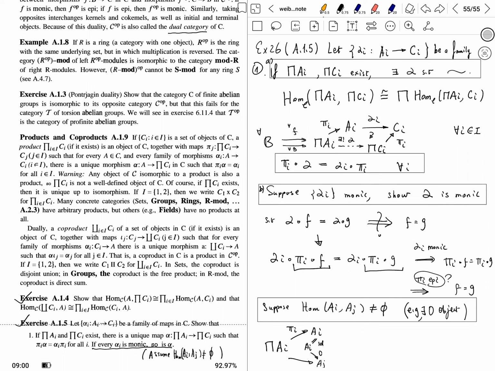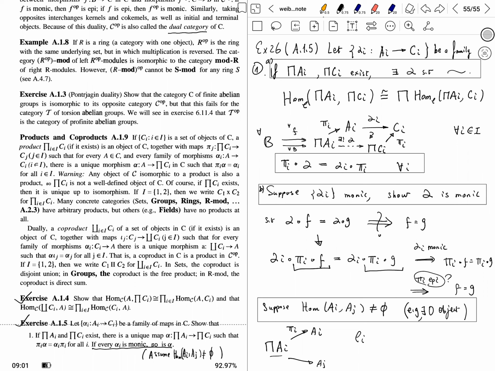Then by the universal property, there exists a unique morphism. Let's call this rho_i. Obviously I put the wrong direction. Remember, in the universal property you always put the testing object further than your universal object.